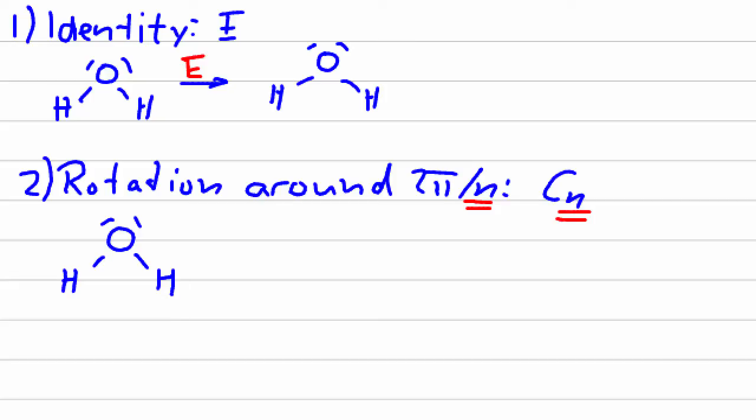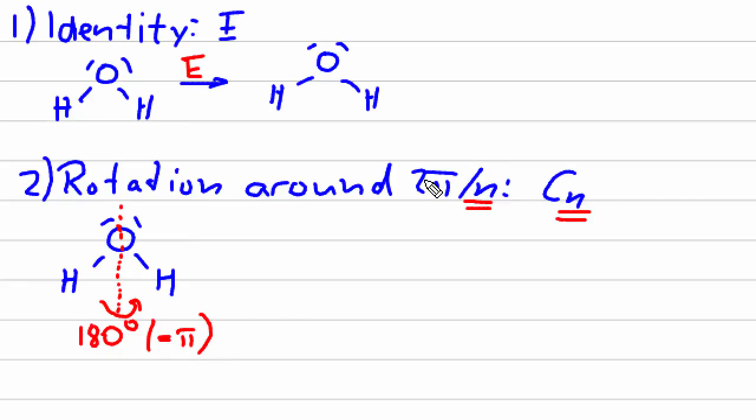Let's first find the rotation axis. It looks like we have a symmetry axis right here, meaning if we do a rotation by 180 degrees, then we would end up with exactly the same molecule. So 180 degrees, we know from our math lessons, is equal to pi.